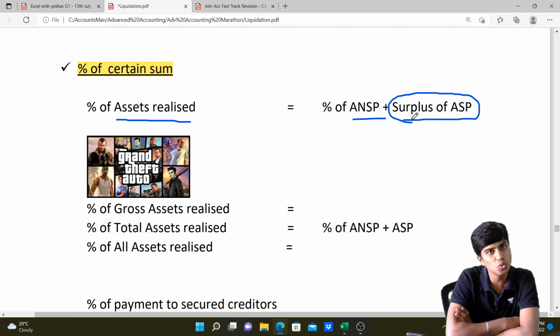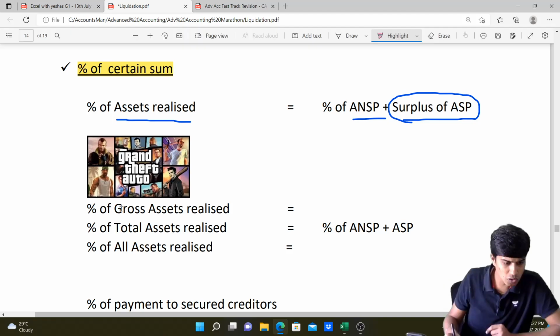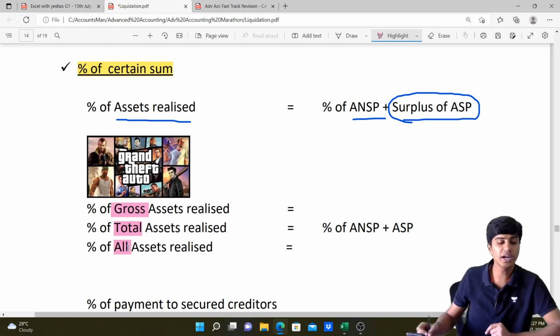However, if the question uses a little different language, if the language in the question is gross assets or total assets or all assets with regard to remuneration to the liquidator. If the question says a liquidator is entitled to remuneration of 10% on gross assets, 10% on total assets or 10% on all assets, that means that the liquidator is selling all the assets, whether assets specifically pledged or assets not specifically pledged.